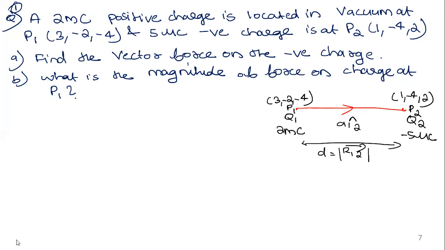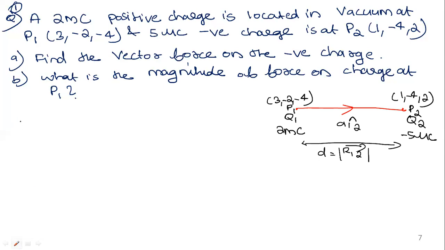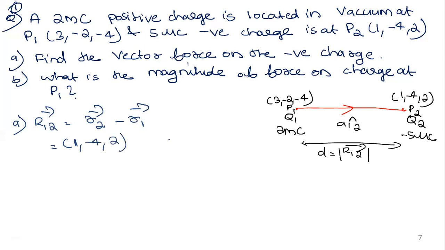Okay, now we will move on to section A. First of all, we need to find R12. R12 will be R2 minus R1. So just find it out. We already did these exercises. 1, minus 4, 2 minus 3, minus 2, minus 4.